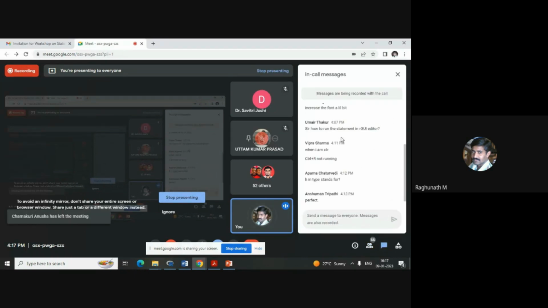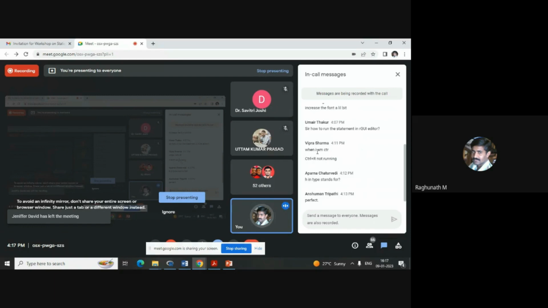How to run a statement in the RGUI editor. Right now I'm not using any RGUI editor. I'm using RStudio and the R console. I will go through this one in tomorrow's session.